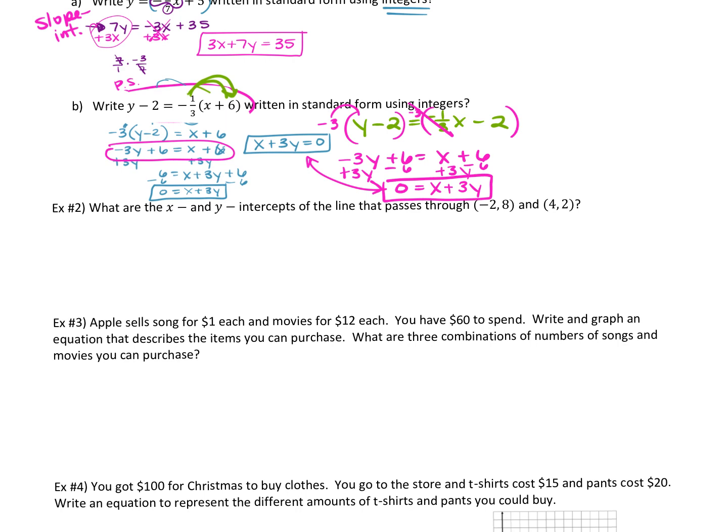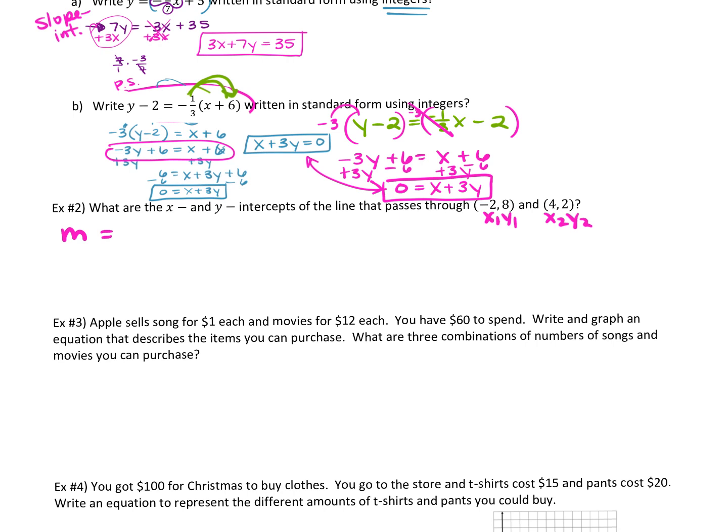This says, what are the x and y intercepts of the line that passes through this? Okay, now, if you have 2 points, what is something you can find with 2 points? You could find the slope, okay? So if we start by finding slope here, this would be x1, y1, and x2, y2, okay?